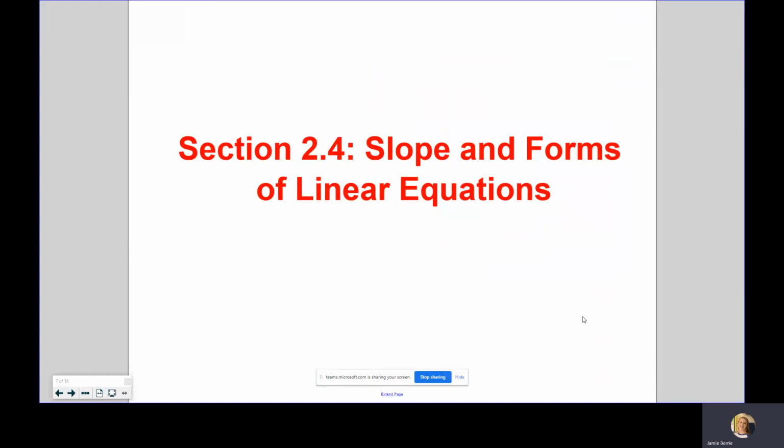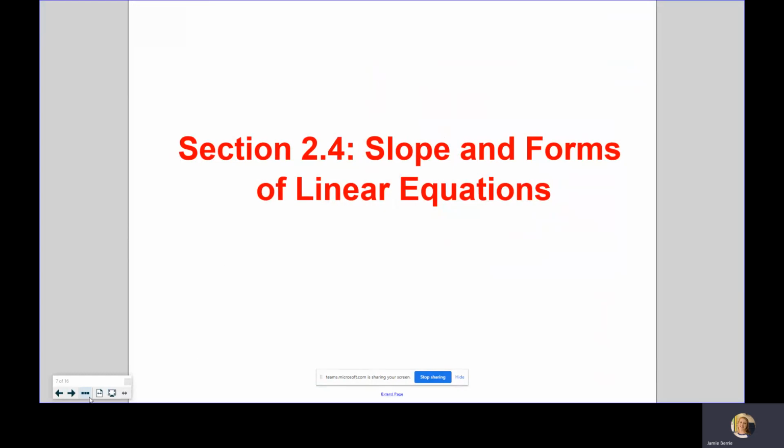Alright, so slope and forms of linear equations. In this section, I'm going to give you the formula for the slope of a line. I'm going to talk a little bit about the slope. And then we'll look at two different ways that you can express lines.